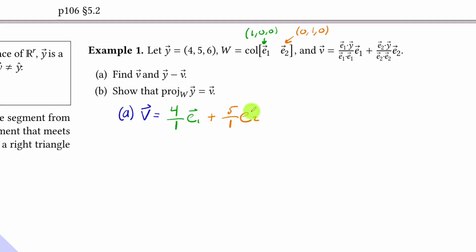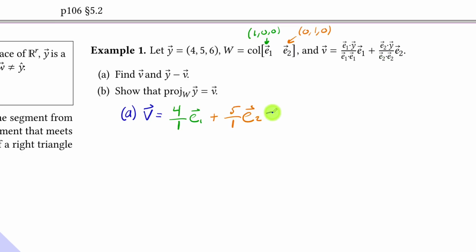We're multiplying that by E2 here. So this is V, and 4 times E1 is, of course, just going to be 4, 0, 0. And 5 times E2 is going to be 0, 5, 0. When you add these up, you get 4, 5, 0, like so.